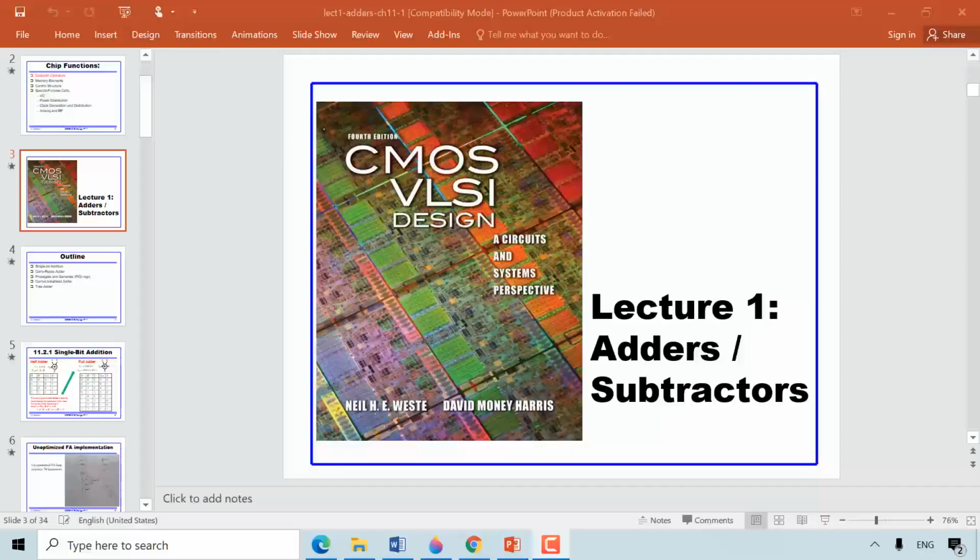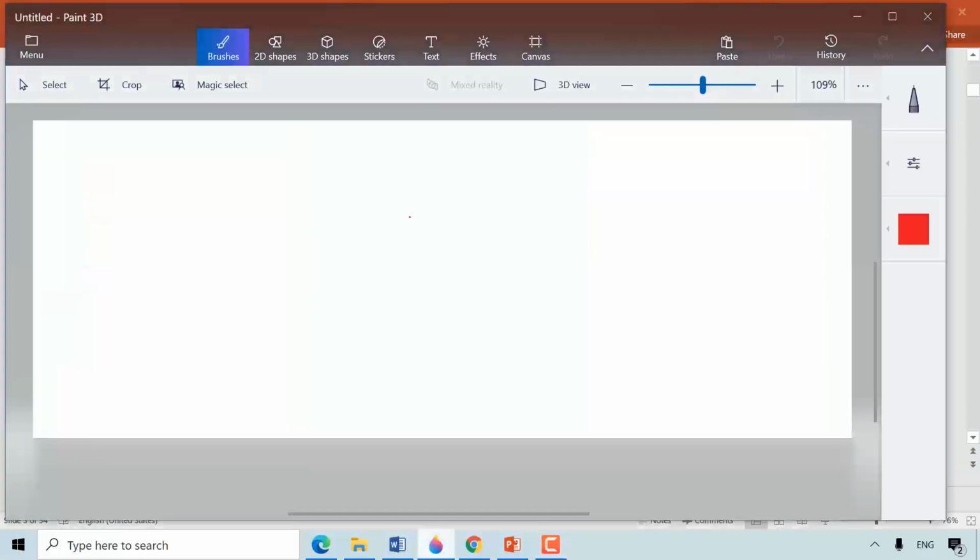Hi, this is the start of a lecture discussing adders, and to understand the topic of adders, we will address adders in multiple dimensions, if you will.